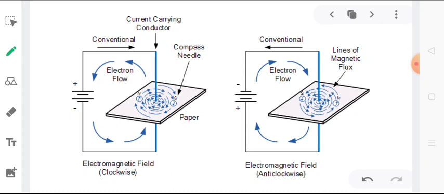So, we have simply applied Maxwell's right hand thumb rule to find out the direction of magnetic field in both the cases.